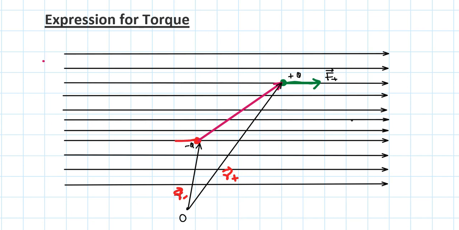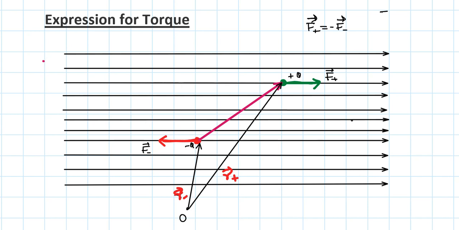And the force acting on the negative charge was in this direction, and I can call it vector f minus. See, f plus and f minus were both equal in magnitude but opposite in direction. So I can write f plus is equal to minus f minus.